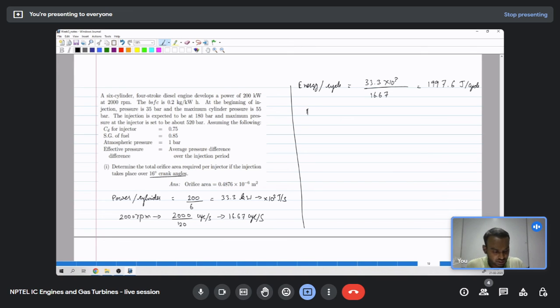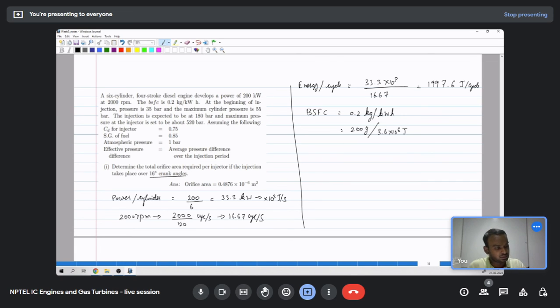And BSFC is given as 0.2 kg per kilowatt hour, which is 0.2 kg, or I would write 200 grams for 3.6 into 10 power 6 joules of energy output.